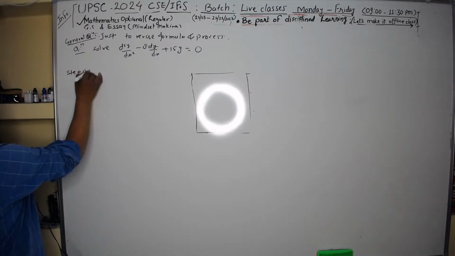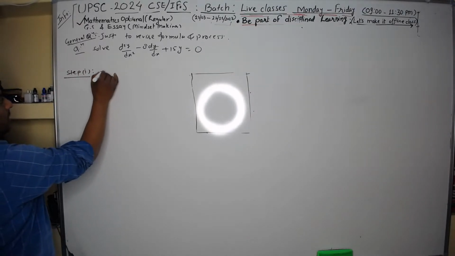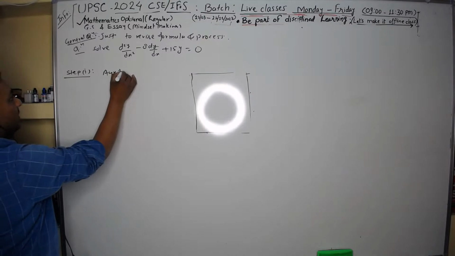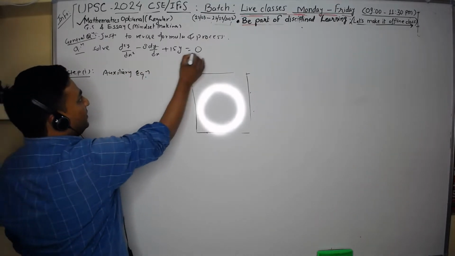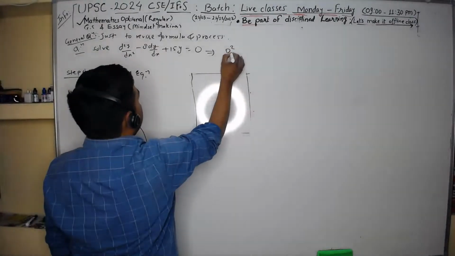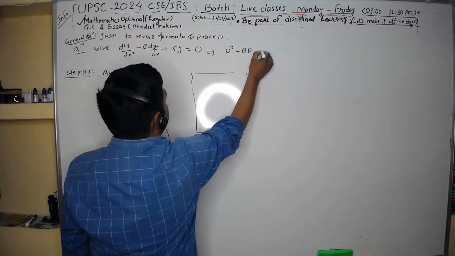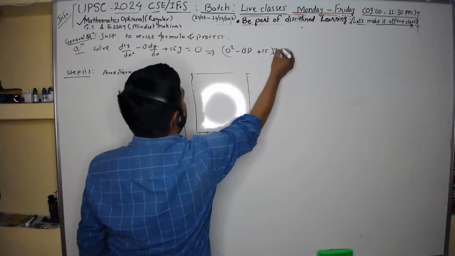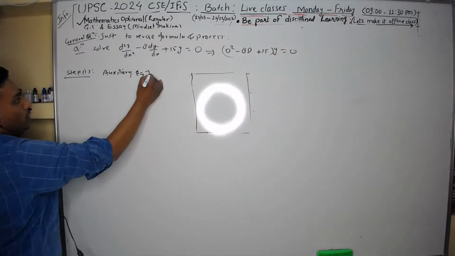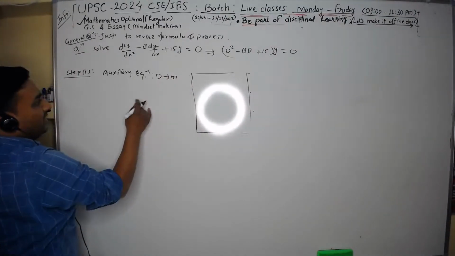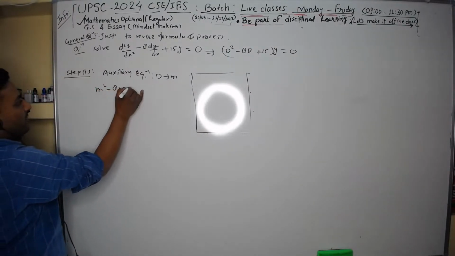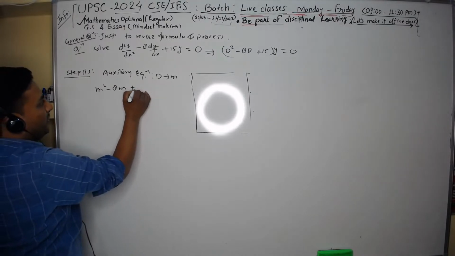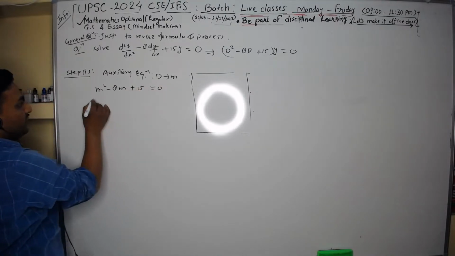So step 1, auxiliary equation. Since this differential equation can be written as (D2 minus 8D plus 15)y equals to 0, how will we get the auxiliary equation? Replacing D by small m. m square minus 8m plus 15 equals to 0.